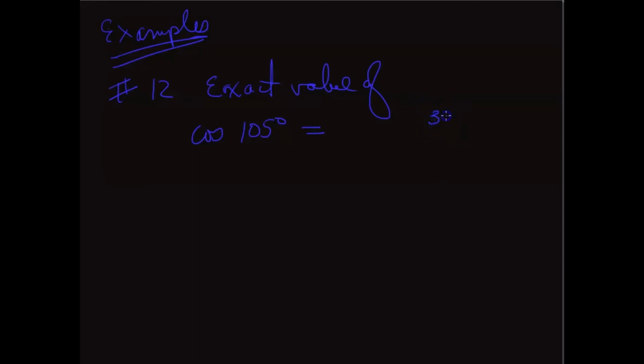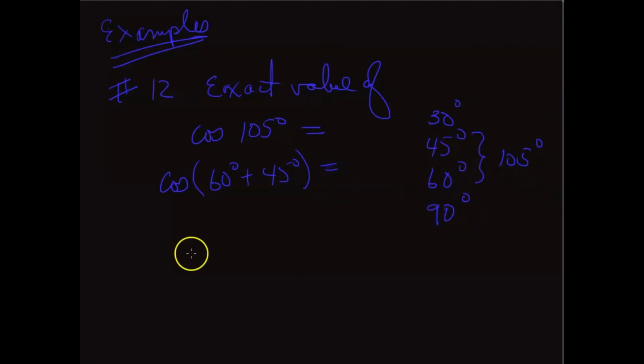Let's see, the special angles are 30, 45, 60, 90. Okay, so 105, well, 90, you need 15, so that doesn't work. 60, hold it. 60 and 45 add up to 105. So the cosine of 60 degrees plus 45 degrees. Now we did addition, but it could be subtraction too, but not in this case.